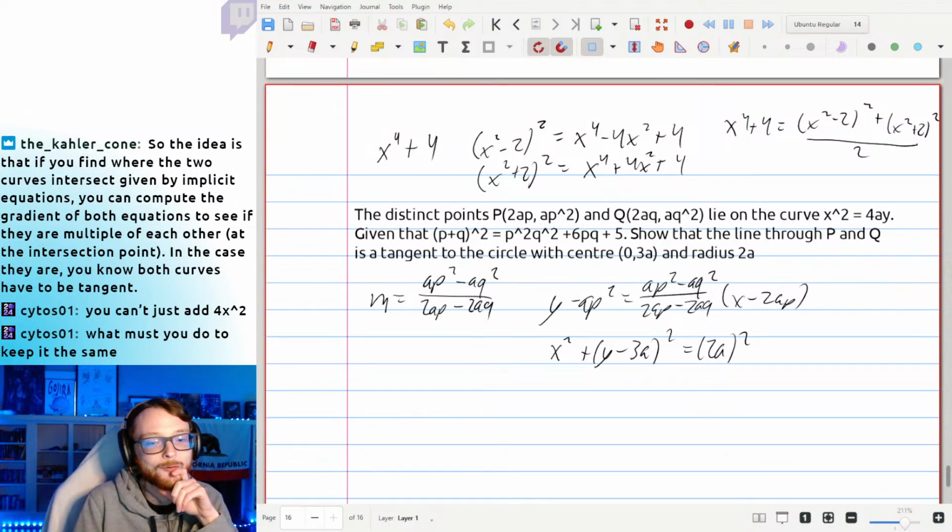I didn't add 4x squared though. On one equation, I looked at what x squared minus 2 is, and the other equation I looked at x squared plus 2. I don't know what you mean.